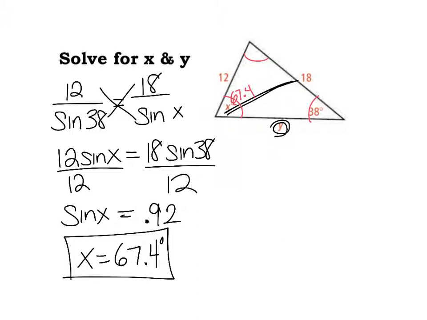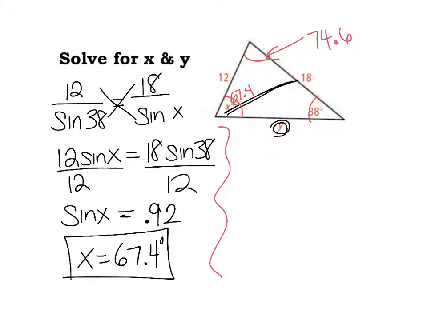Yep, we're going to do 180, I'm going to subtract 38, and I'm going to subtract 67.4. All right, so now I'm going to put in here, oh, that angle is a 74.6. I need that because that matches my y.